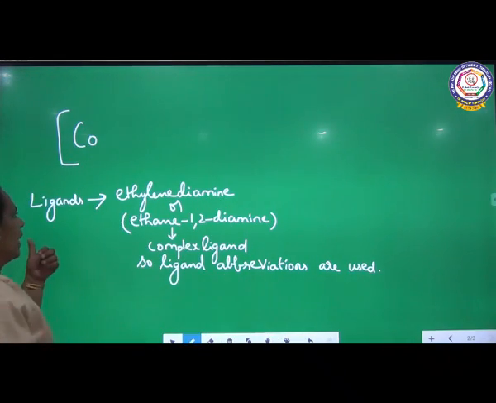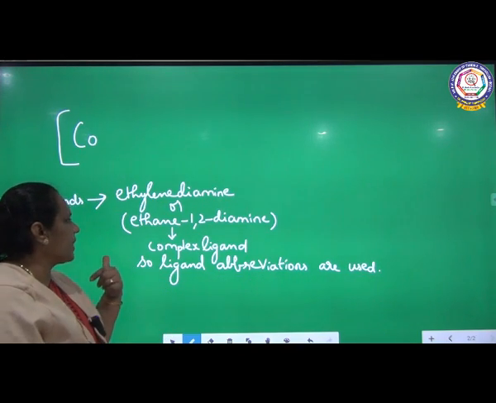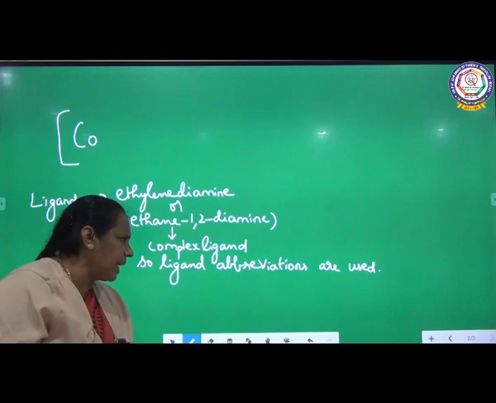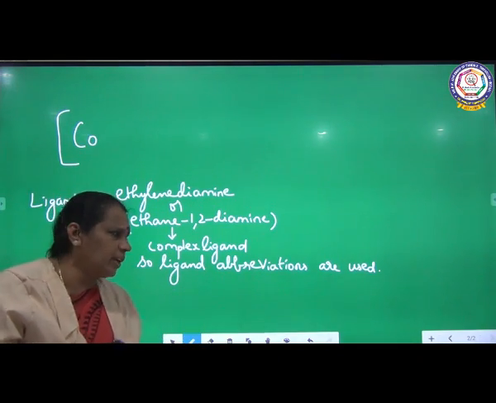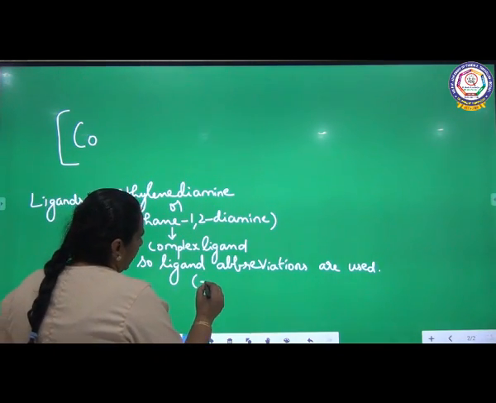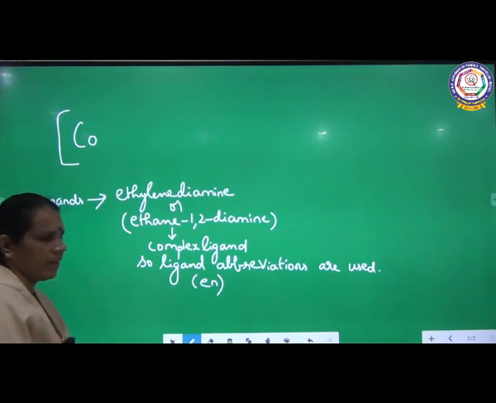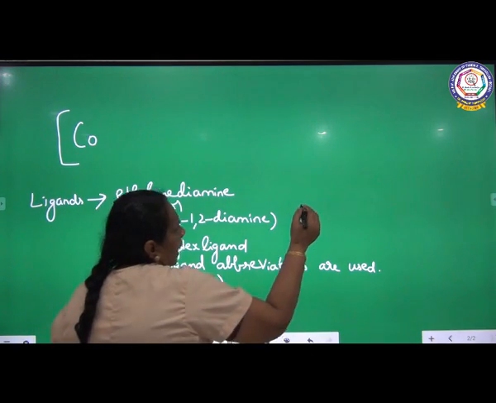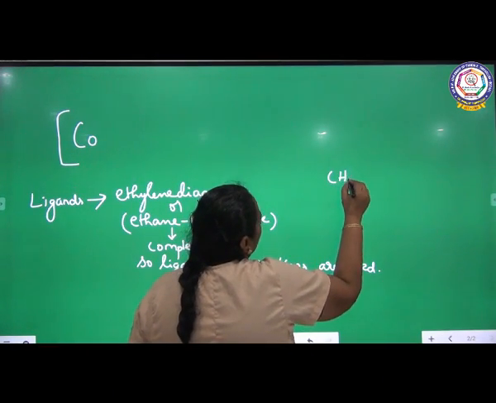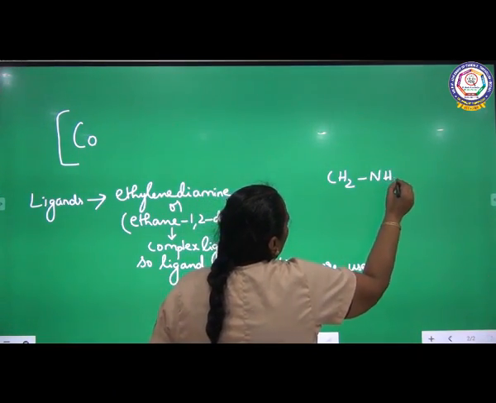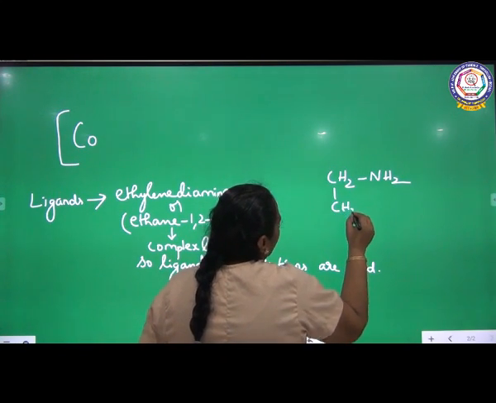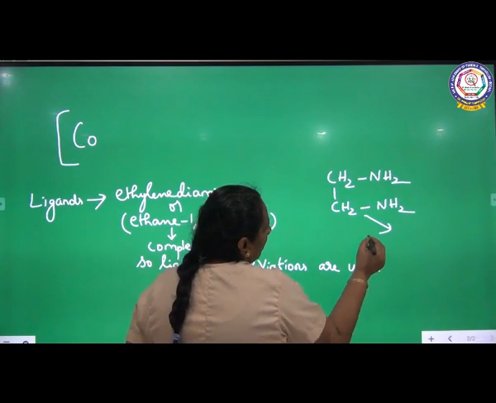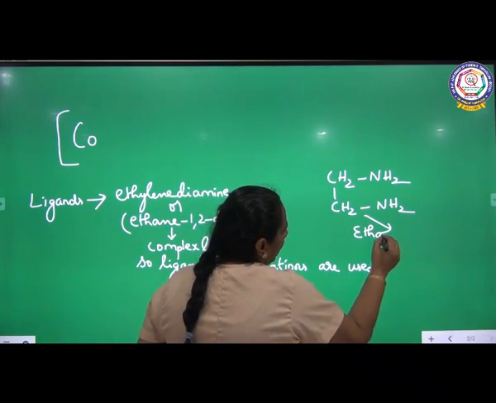So first we are talking about ethylene diamine, which we can write as ethane 1,2 diamine. It is a complex ligand, so we can use the abbreviation. The abbreviation is EN. Next, for ethylene diamine, the formula is, so this is ethylene diamine or ethane 1,2 diamine.